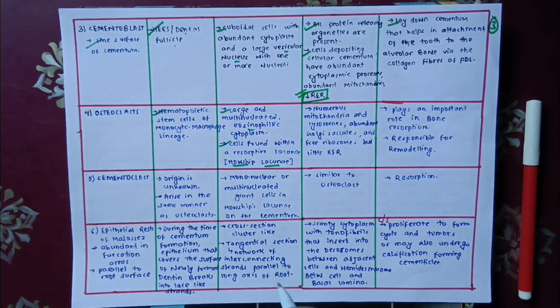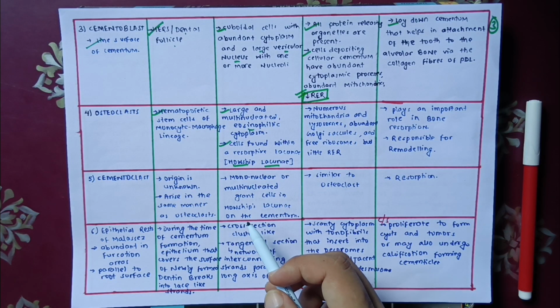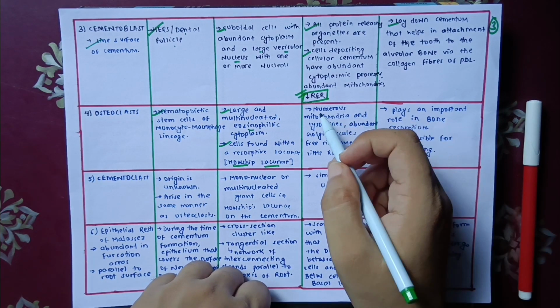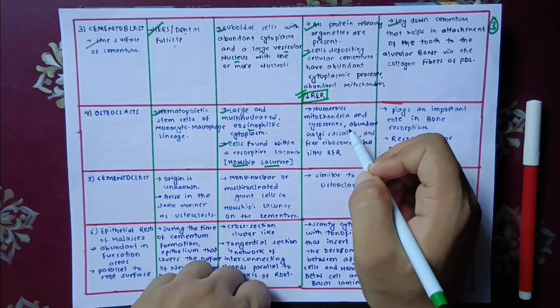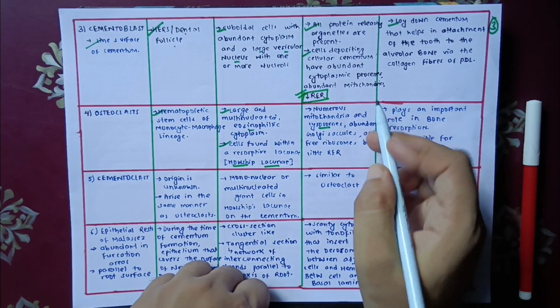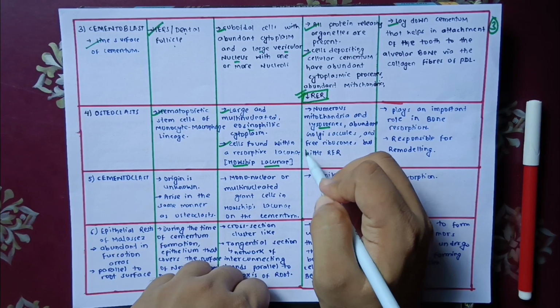The osteoclasts are present, and the cementoclasts are also present, in this Howship's lacuna. Now in electron microscopy we can see numerous mitochondria and lysosomes. These lysosomes are mostly present in this clast type of cell, along with abundant Golgi saccules and free ribosomes, but little RER.